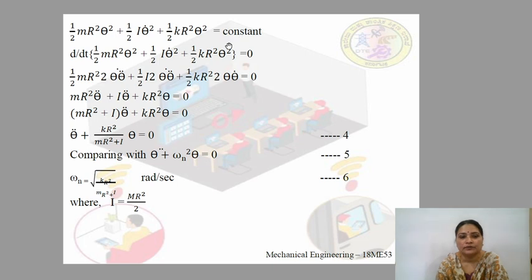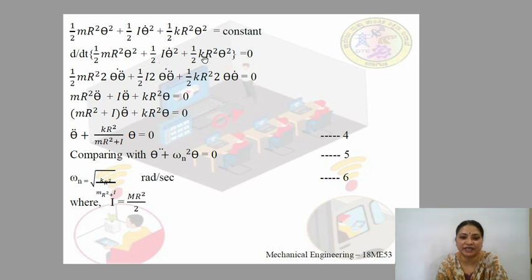Now we have to differentiate this equation with respect to t, so d by dt of this equation equals 0.